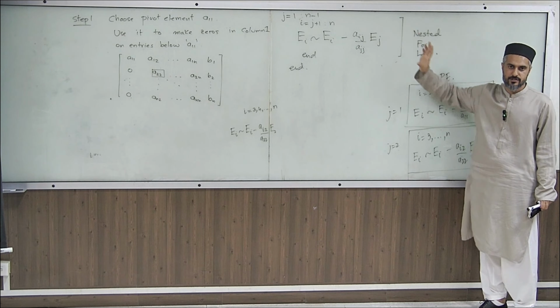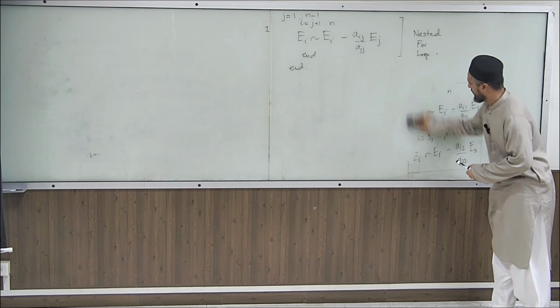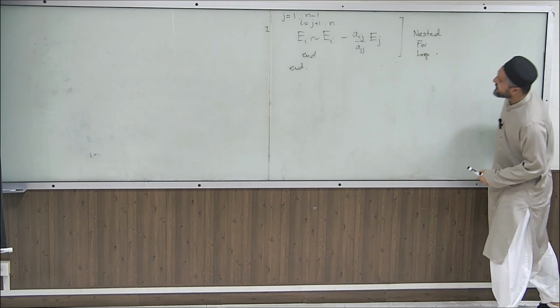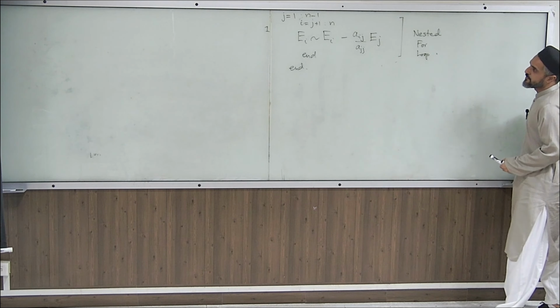For Gauss elimination, I used to say bisection method, since we have repeated the bisection method so much. So this is the first portion of Gauss elimination, which is converting into upper triangular form.